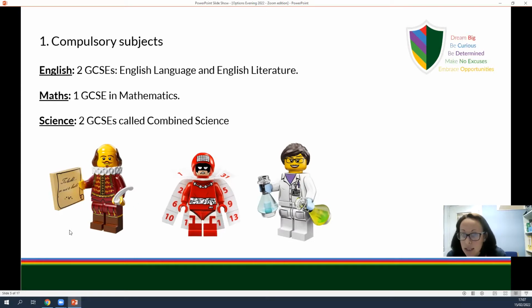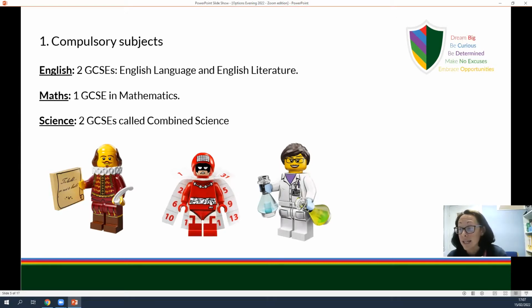Your sons and daughters will be studying English, maths and science as a given. Everybody at the school will study English, maths and science. There will be an English language and English literature GCSE as a result of it, therefore worth 2 GCSEs. On their timetable, it will say English.